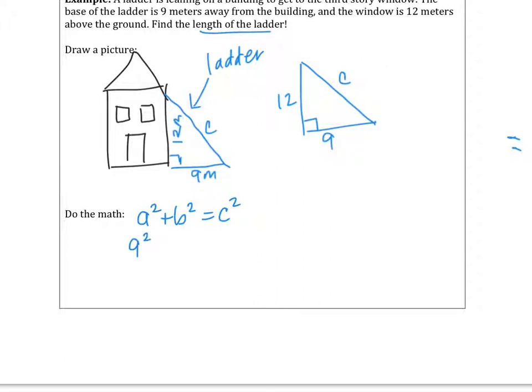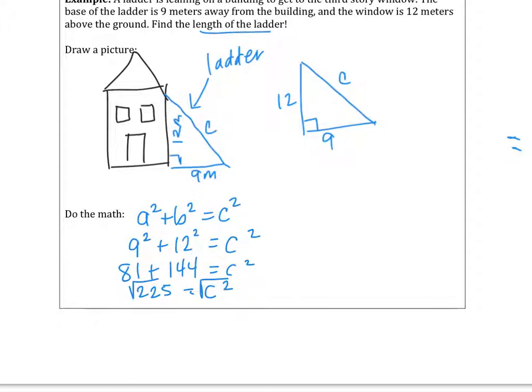It's 9 squared plus 12 squared equals C squared. That's 81 plus 144 equals C squared. And that is going to be 225 equals C squared. So in order to find what C is, we take the square root of both C squared and 225.